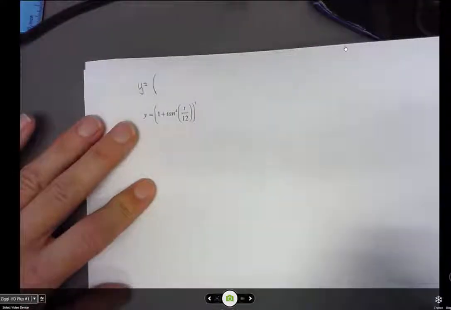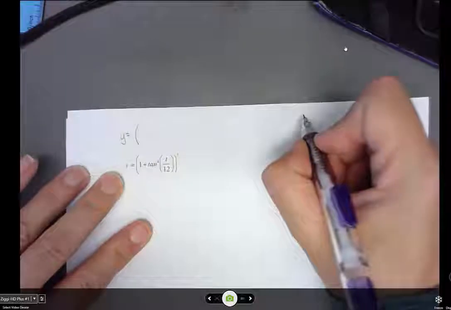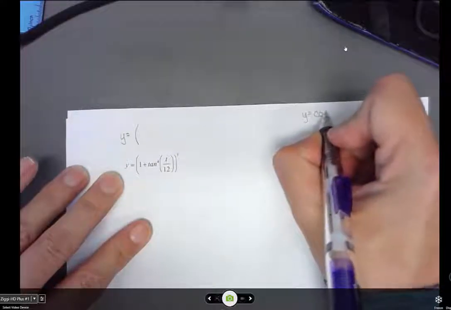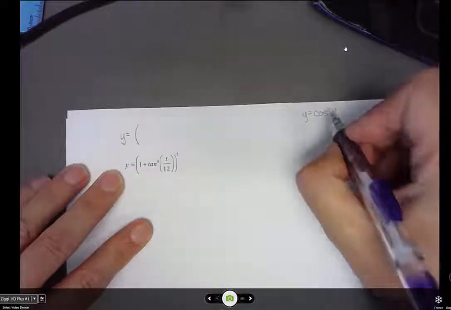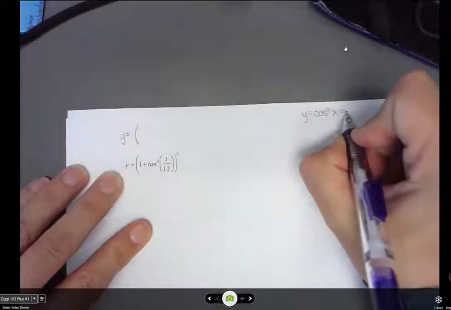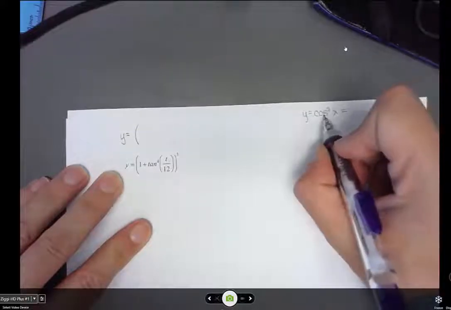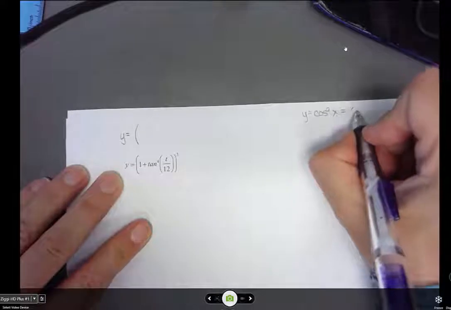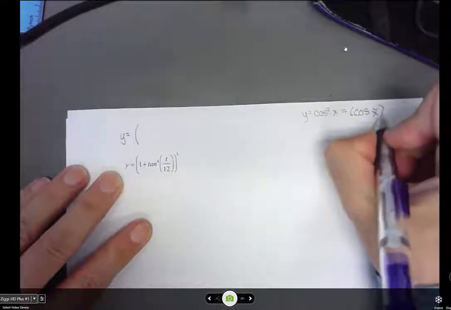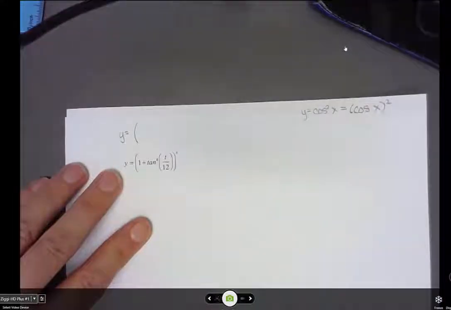Like if you have y equals cosine squared x, a lot of people will say, oh, the derivative is 2 cosine x. That's not enough. A lot of people don't see this as a composition, but if you write it as cosine x and then the whole thing squared, then you're more likely to see an outside function and an inside function.